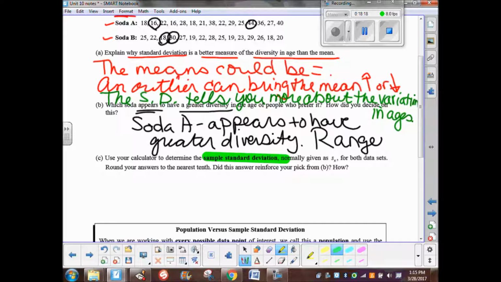Now, that's a change. For sample standard deviation, when you go to your calculator, it's not going to be sigma x. It's going to be S x. That's the sample standard deviation, and I'll explain the difference. I'm just going to write SD instead of standard deviation.